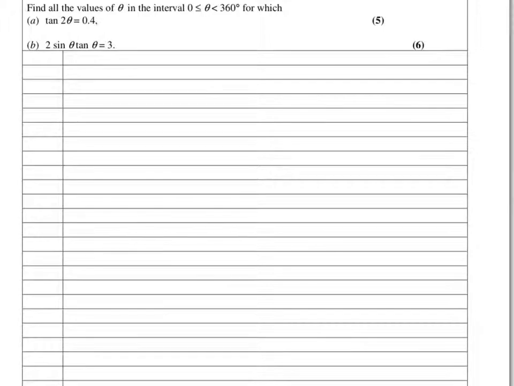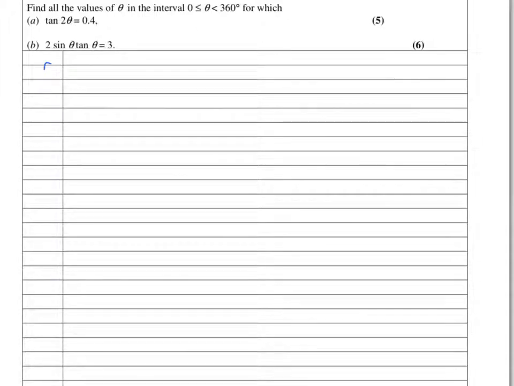So the first thing I want to do is I can see that inside the tan function, I've got a 2 theta. And that tells me I want to change this interval so that it's in terms of 2 theta. 2 theta means multiplying theta by 2, so I'm going to multiply that interval by 2.